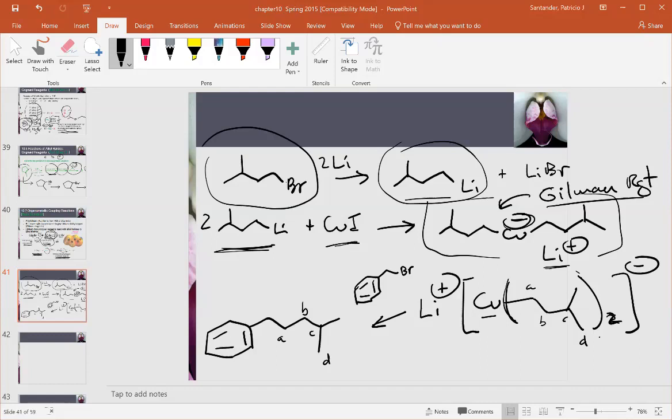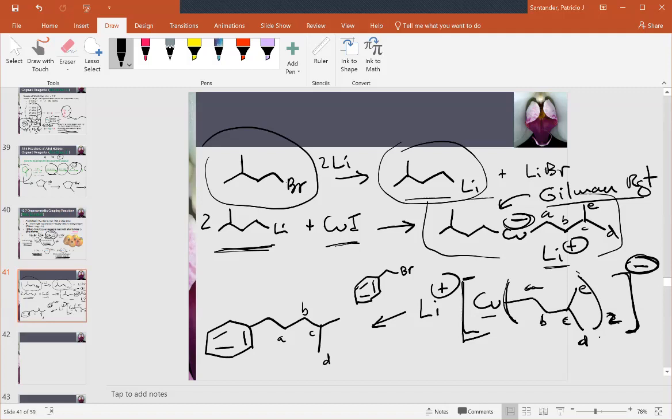So here I have A, B, C, D, E, let's say. And then here I'm repeating A, B, C, D, E. So 2 units of that, and then everything in brackets, and I can put my negative charge out, and in that way I am not specifying who is bearing the negative charge. We know that is the copper anyway.